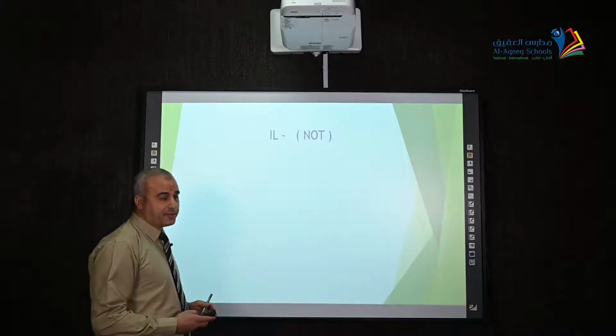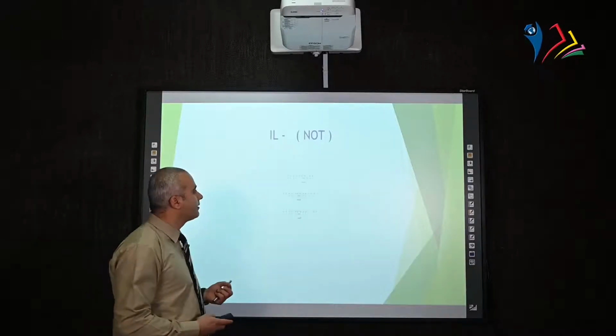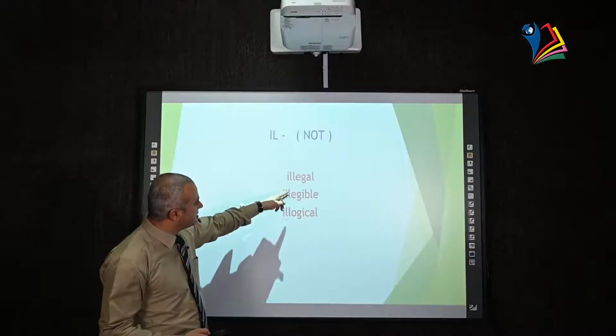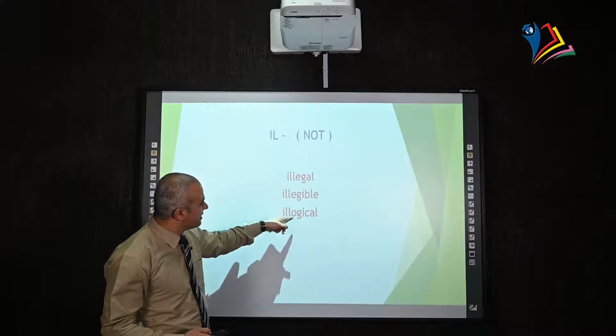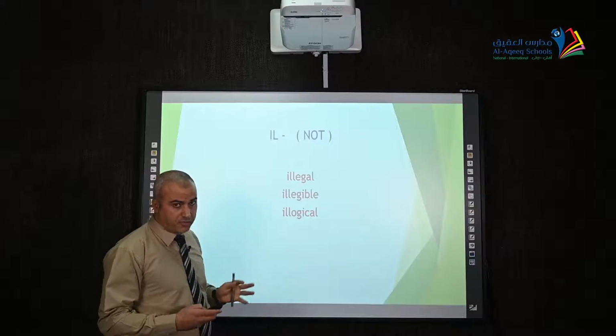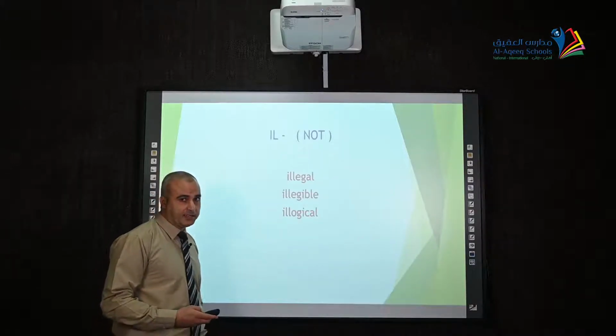Most often the prefix il is used with a word root that begins with the letter L: illegal, illegible, illogical. These word roots, legal, legible, logical, begin with the letter L. So most often we use the prefix il with a word root that begins with the letter L.